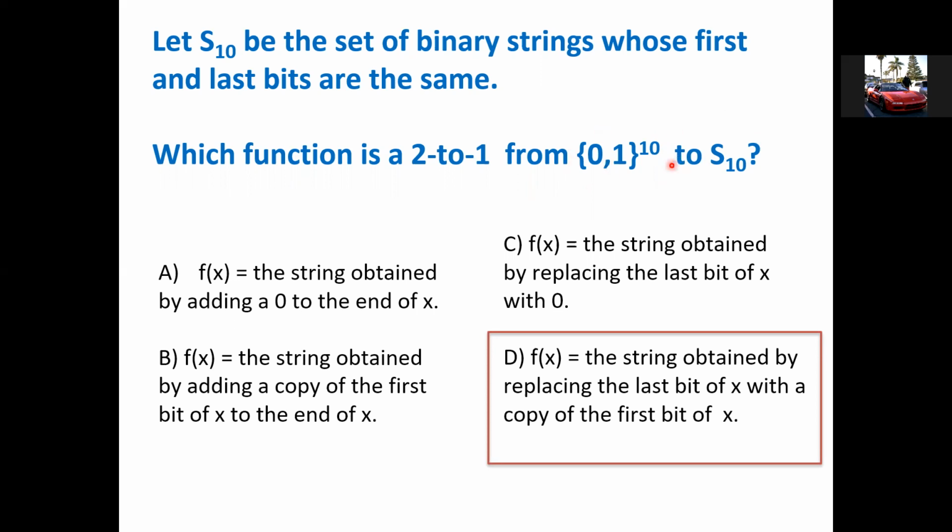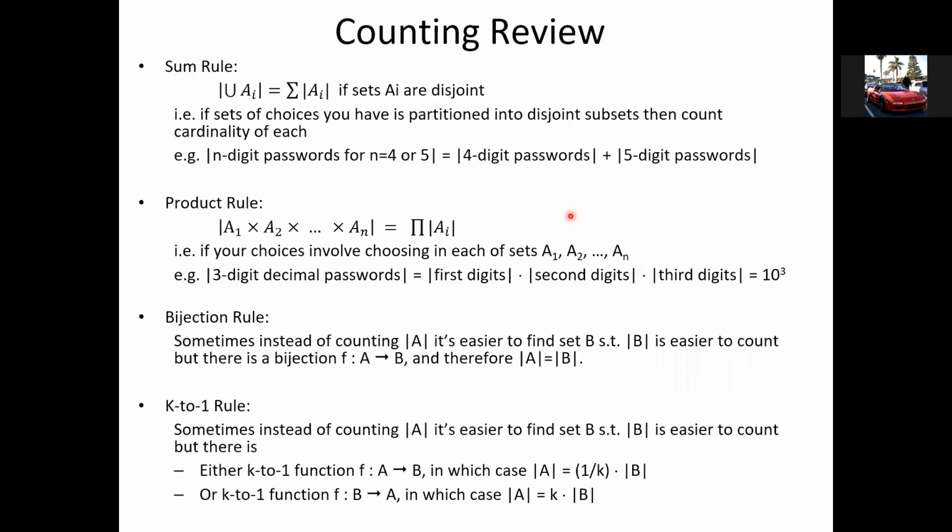So 2 to the 10 times 1/2 is 2 to the 9. It's a little roundabout, but you can also see this as a case of that. So we have a bunch of counting rules. It's not worth going over this because we just did.